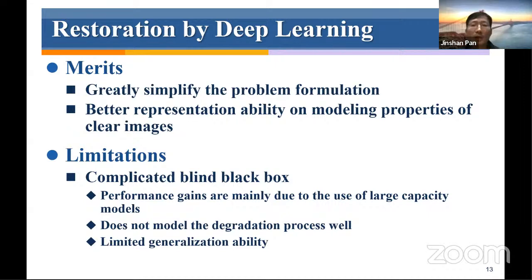Due to this limitation, the performance gains are mainly due to the use of large capacity models in some restoration tasks. And in addition, if the networks contain more parameters, it will increase the difficulty of the training process. And the trained deep models are likely to overfit in image restoration.